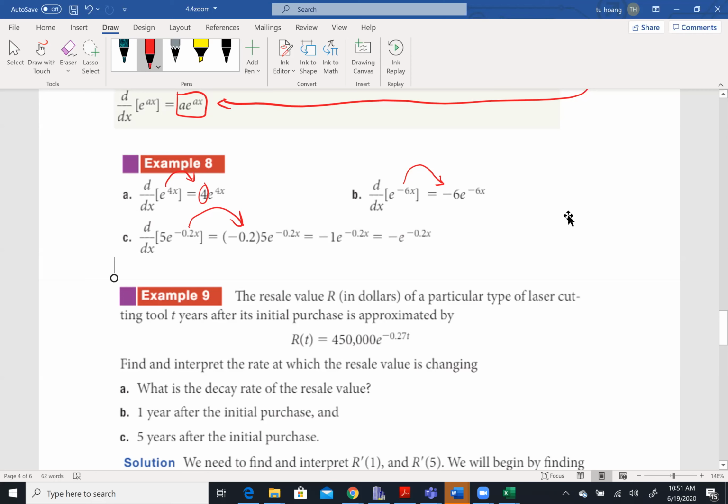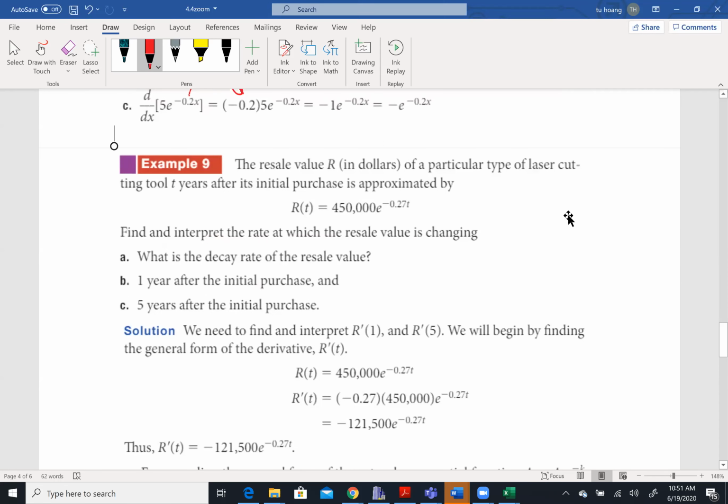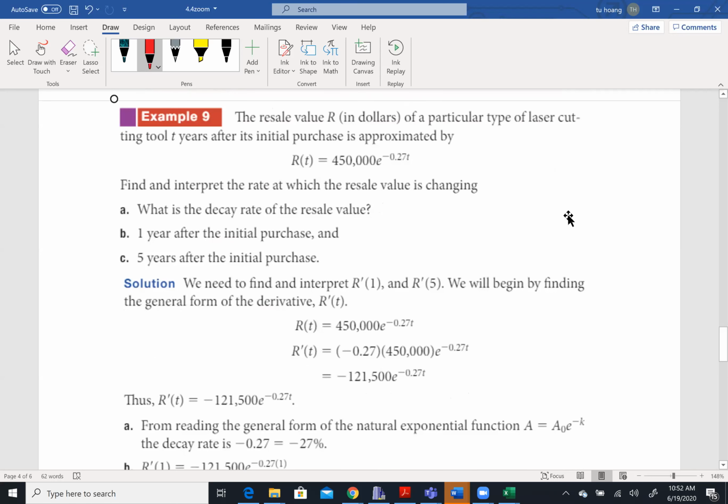Okay, now I'm going to move to example 9.